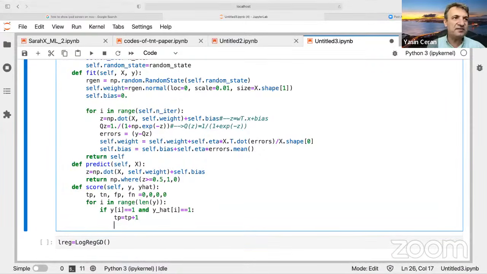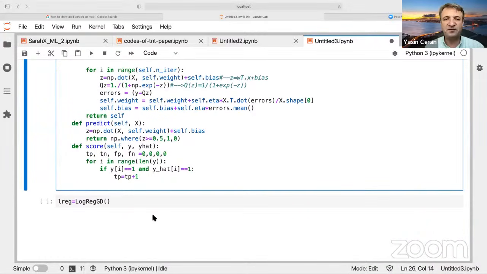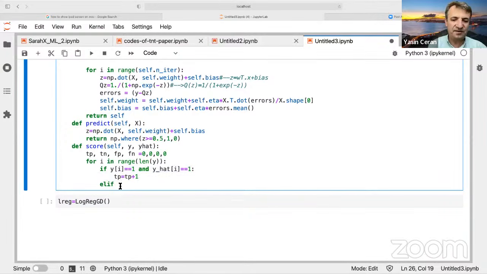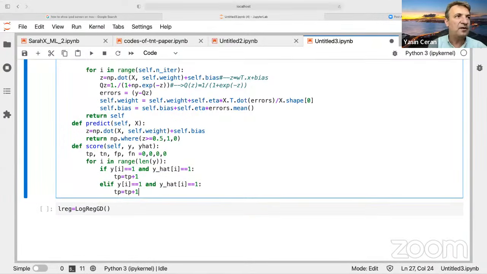I'm making this simple so that all of us follow what true positive and true negative mean. So I'm going to write else if. If yi is 1 and y hat is 0, that means the true value is 1, but our prediction is 0, then we have a false negative, right? So then false negative is increasing by 1.